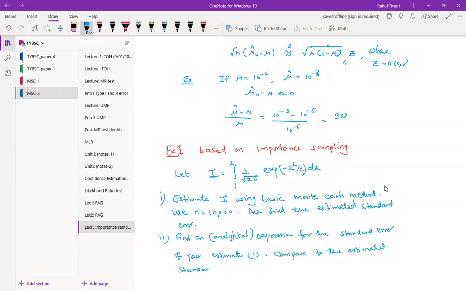Okay, so whatever you are going to obtain, you have to just compare with the estimated standard error.